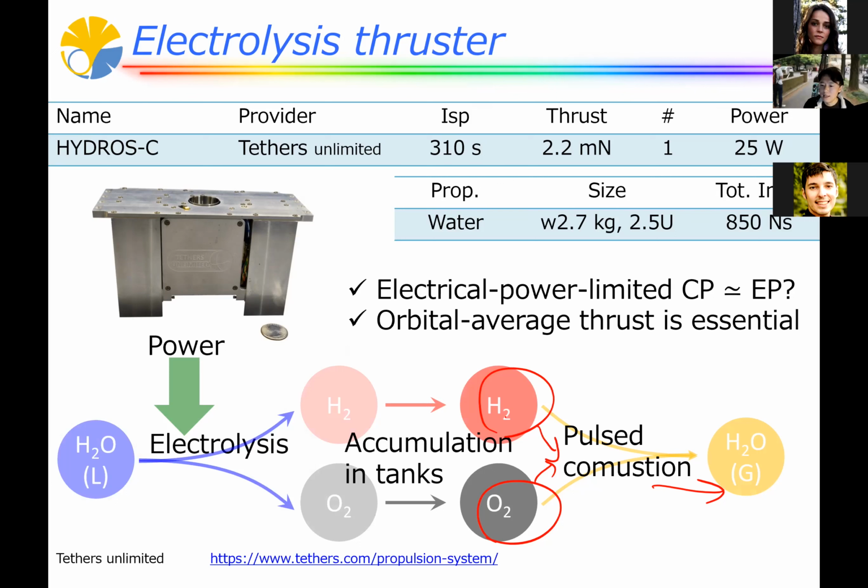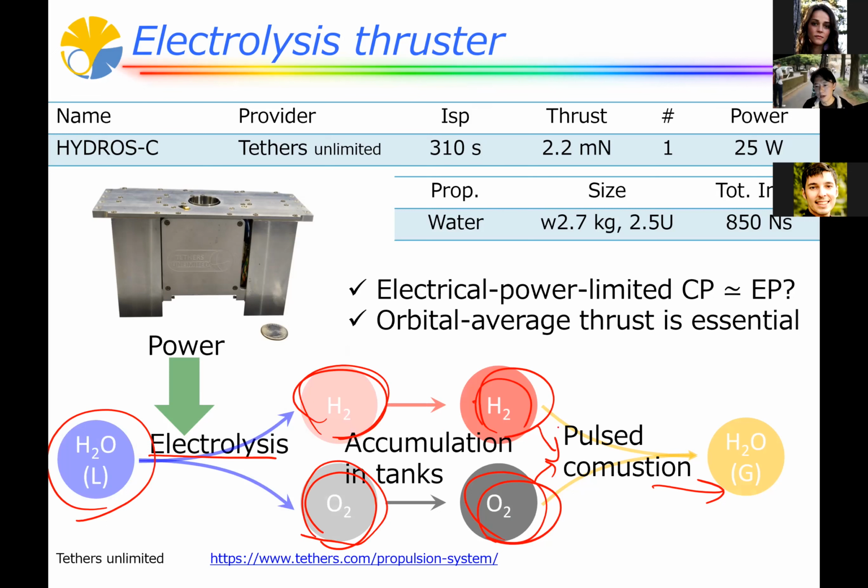However, this hydrogen is generated from liquid water, and also the oxygen. By inputting electrical power to liquid water, we can decompose water into hydrogen and oxygen. So this is electrolysis. And accumulating this hydrogen and oxygen inside the tank, then we can combust those.